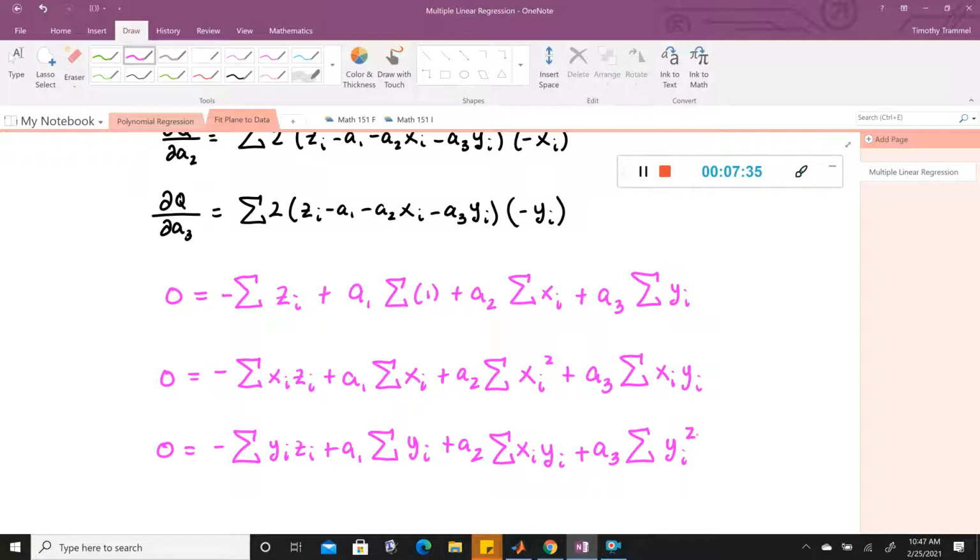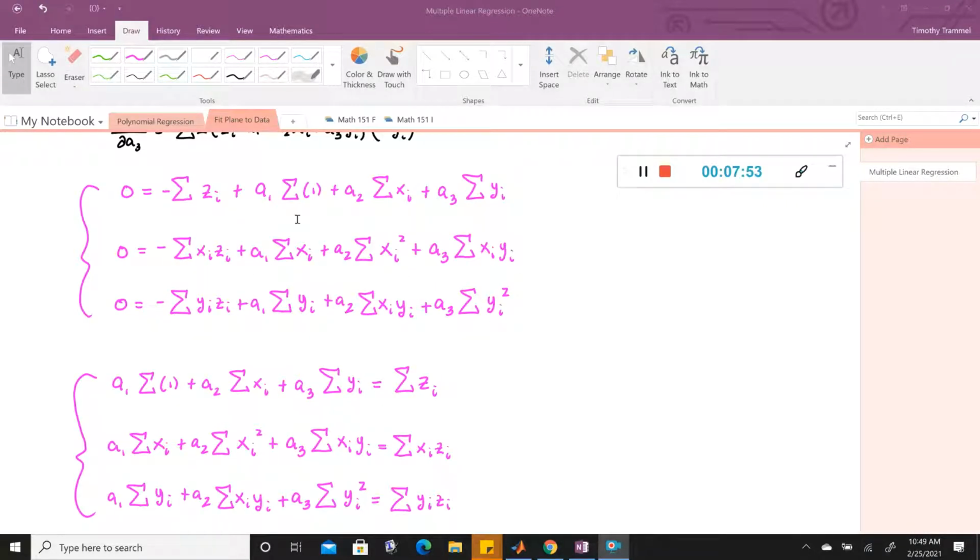Let's write this in a slightly different format so that you can see that what we actually have here is something that can easily be solved using a matrix. Okay, so I'm going to pause the video for a second to do my next step here.